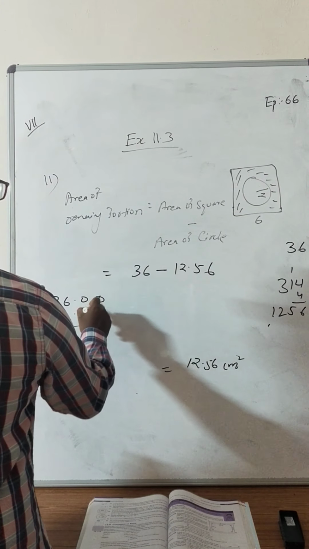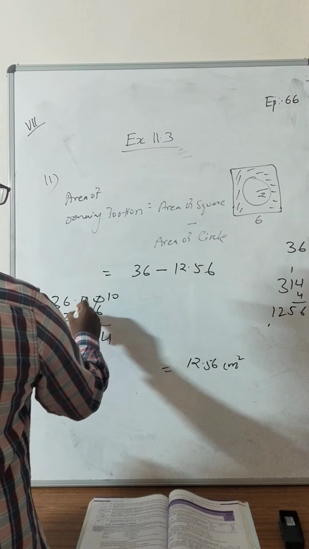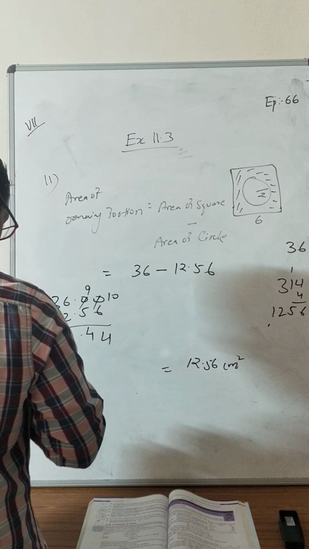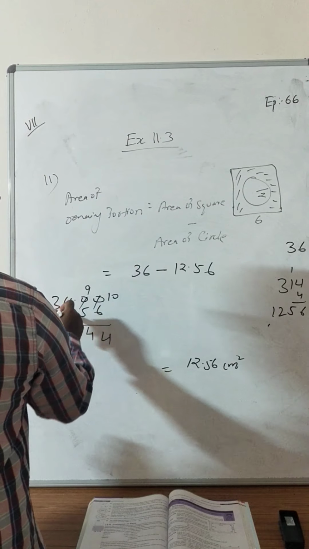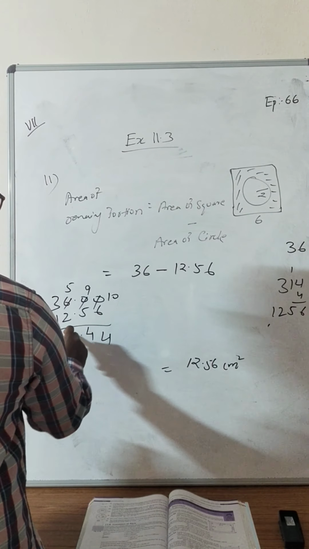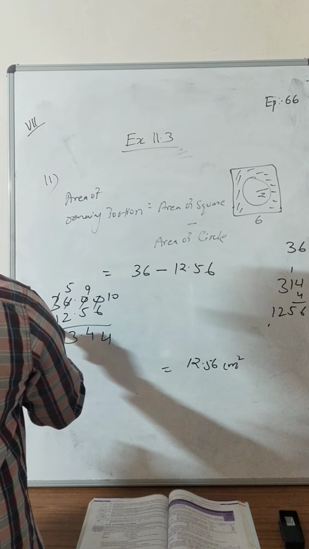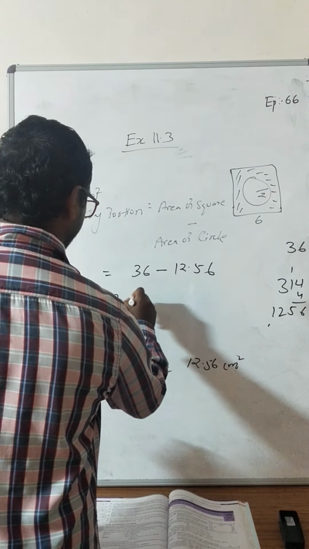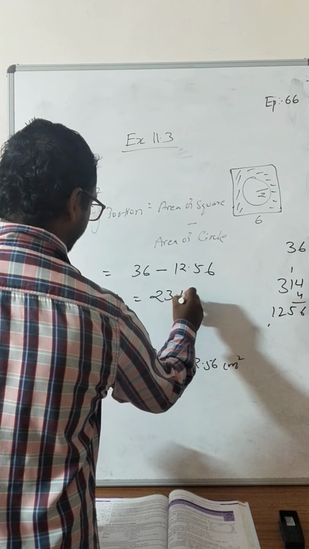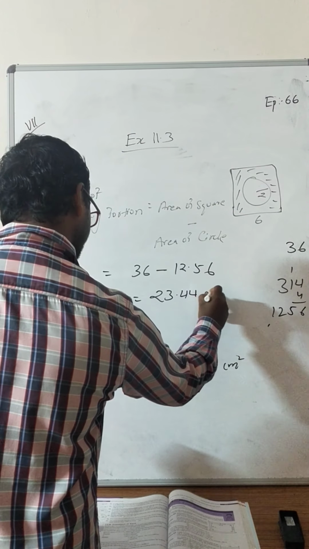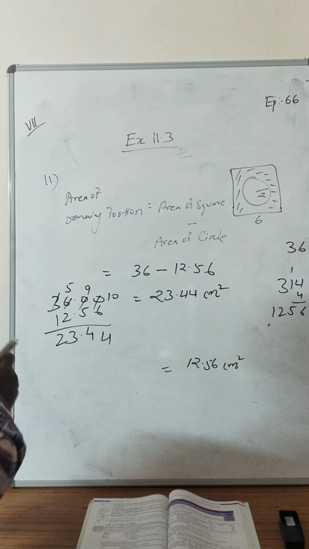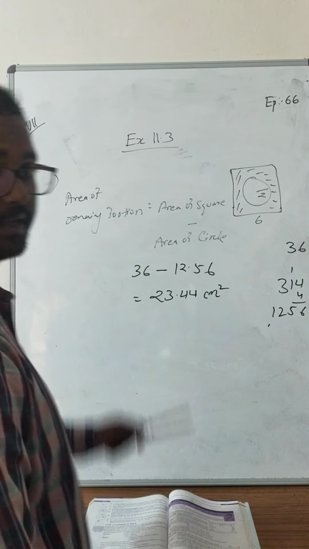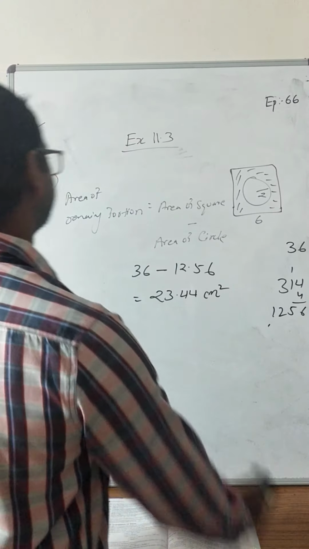Okay, so 10 minus 6 is 4, 9 minus 5 is 4. Next this will become 5 minus 2 is 3. This will become 3 minus 1 is 2. So we are getting 23.44. The final answer that we will get is 23.44 centimeter square.